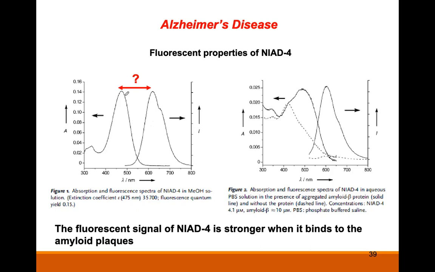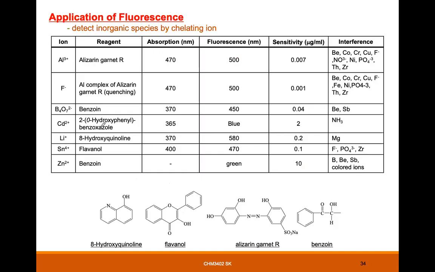So excitation wavelength and emission wavelength. If you don't choose a correct excitation wavelength, you will not get a good emission spectrum. So the selection of excitation wavelength is very important.